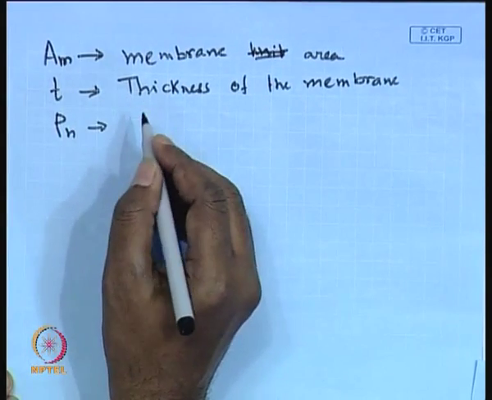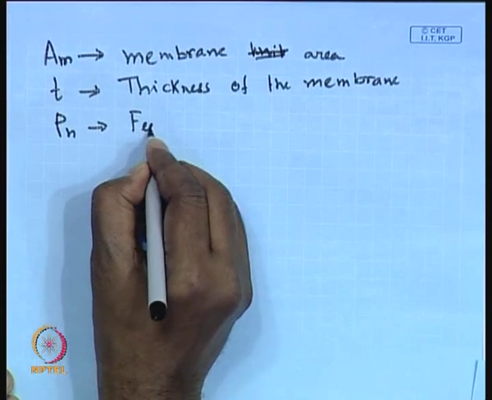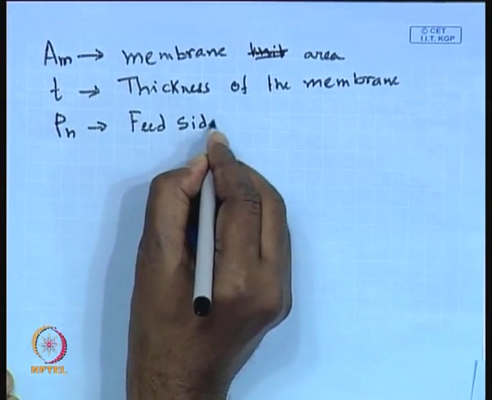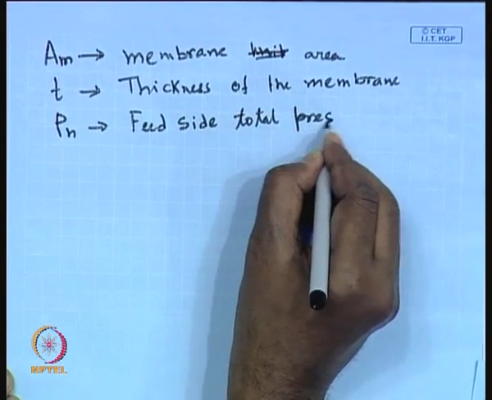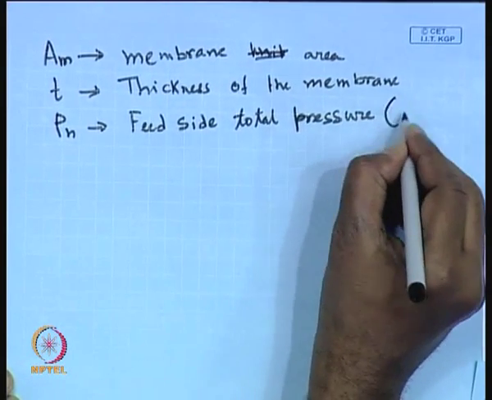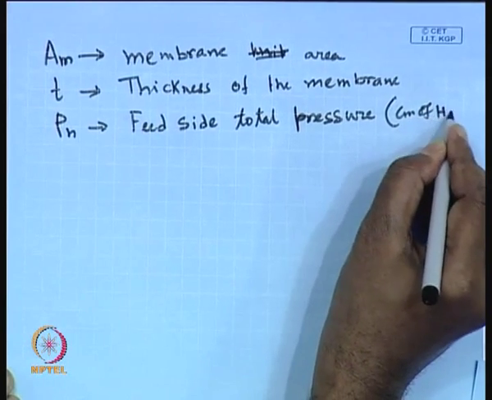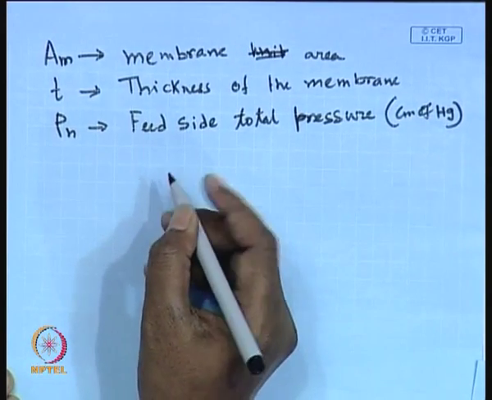pH is feed site total pressure, that is centimeter of mercury.